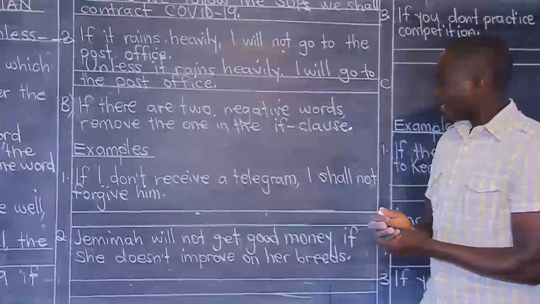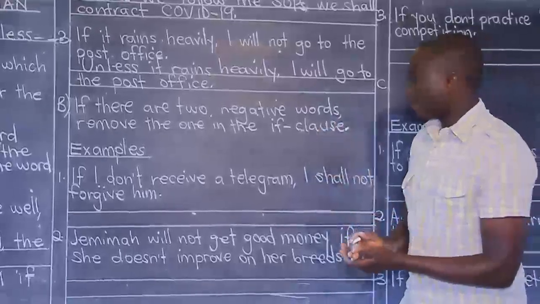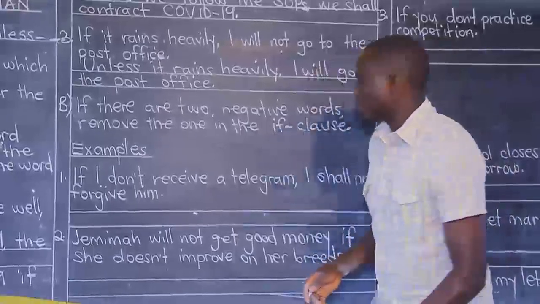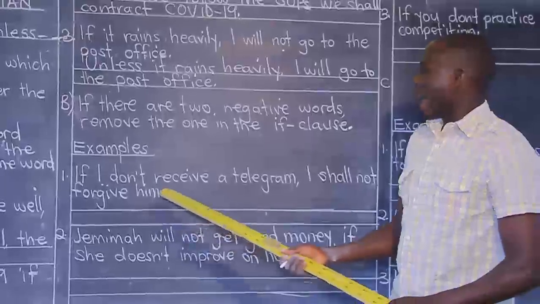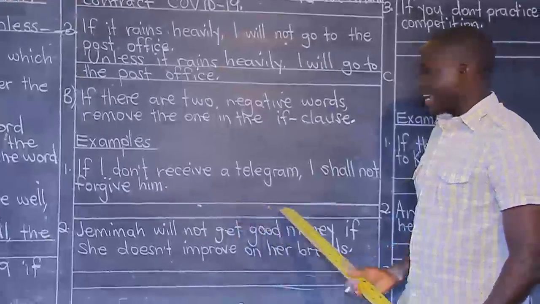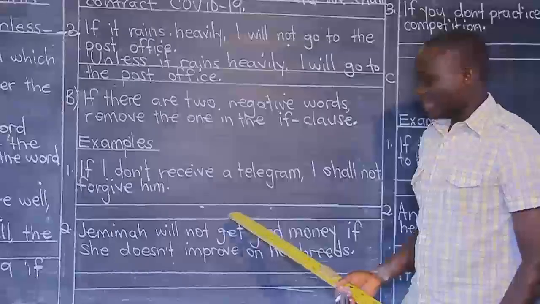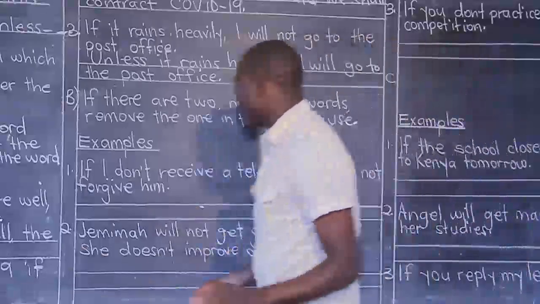Let's look at what we can do here. If there are two negative words, remove the one in the if clause. Let's remove the one in the if clause and we see. Now here it will be, unless I receive a telegram, I shall not forgive him. You see that? Unless I receive a telegram, I shall not forgive him. Let me put it down here.